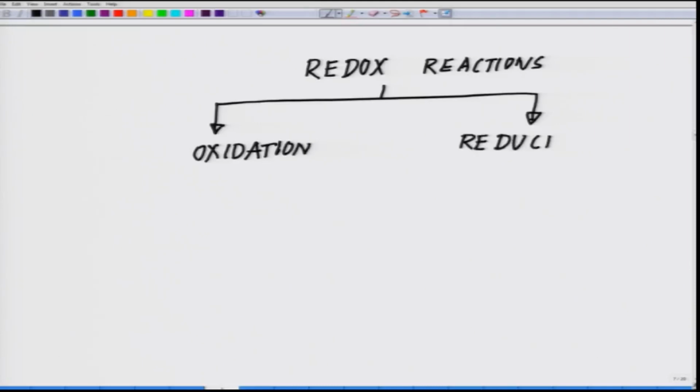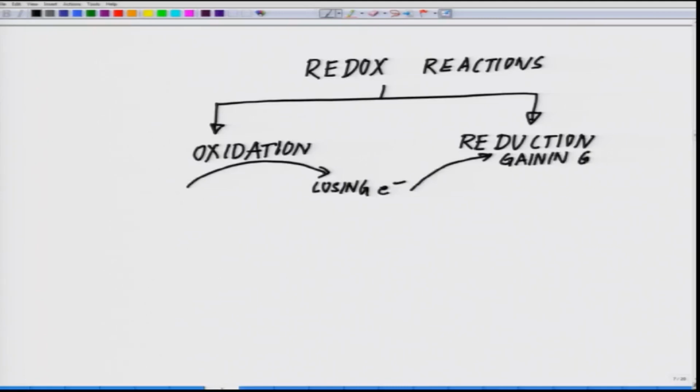Now, when we talk about oxidation, we are essentially talking about somebody losing an electron, whereas reduction is somebody gaining an electron.